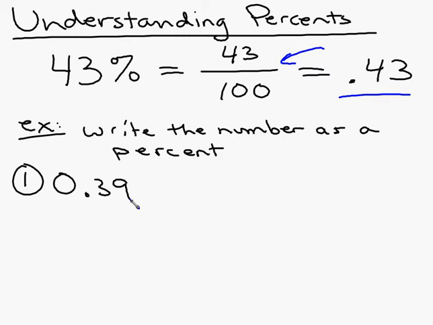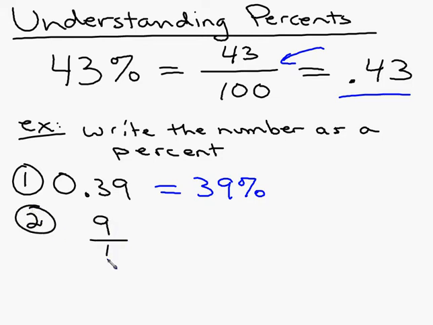Well, based on the example I just did, if I wanted to say that number, wouldn't it be 39 hundredths? So this thing as a percent is what? 39%. Okay? 39%. Pretty easy.